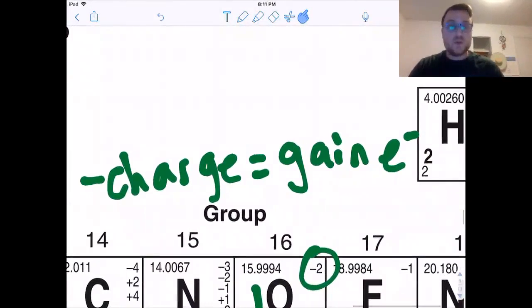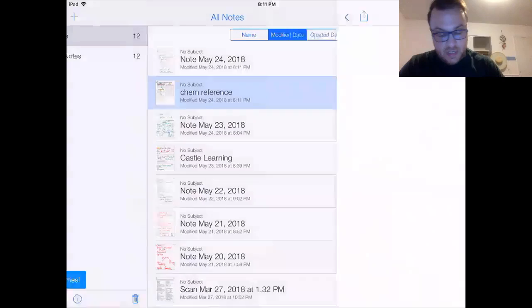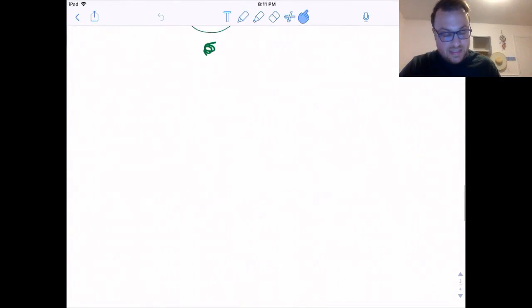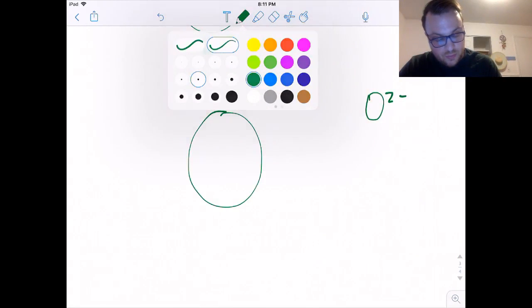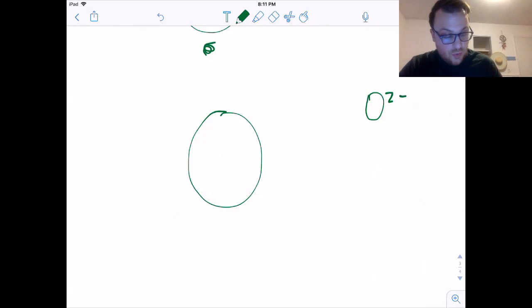If you gain negatives, like an electron, you become more negative. If you lose an electron, you're losing negatives, so you become more positive. So if I were to draw oxygen's dot structure as an ion, with its charge, its normal configuration is 2-6.